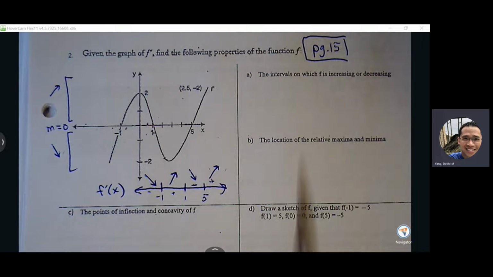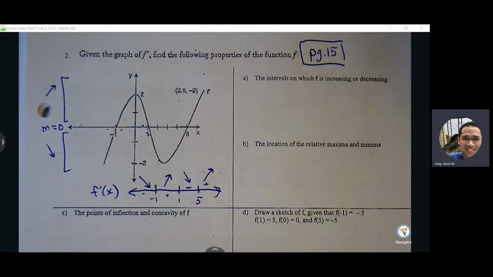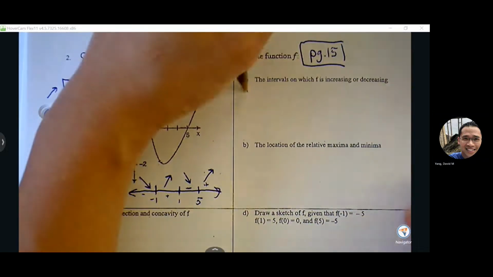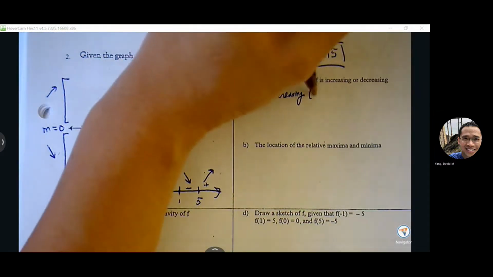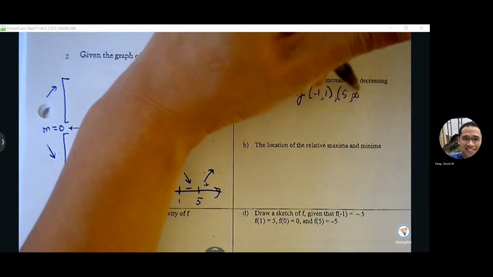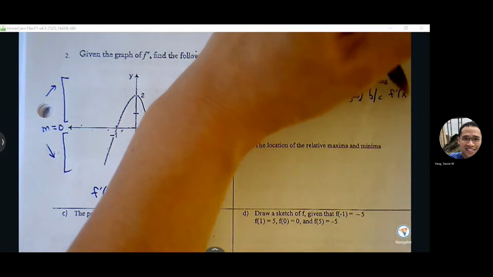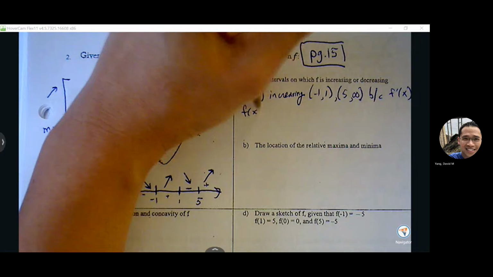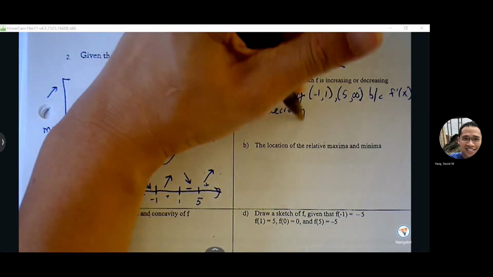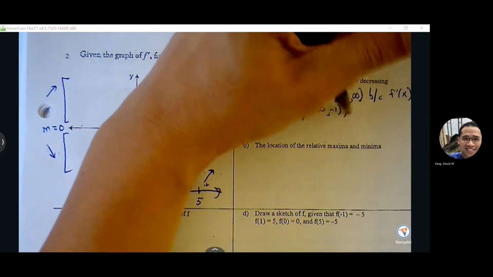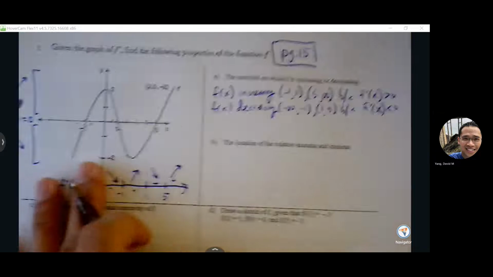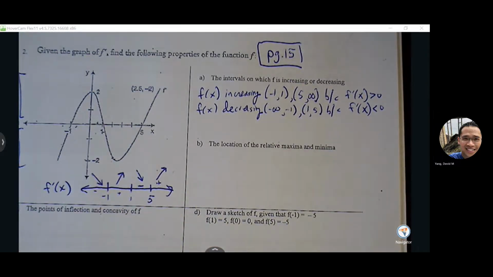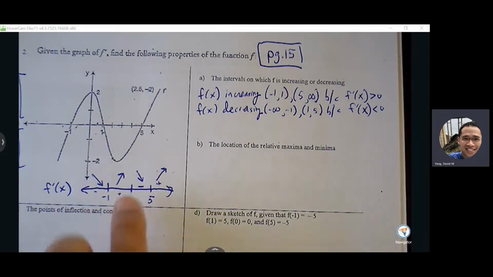Intervals of increase, decrease, relative max, relative min, we can just pull this directly from our slope sign line and write out our because statements. Relative minimum at -1 and 5, relative max at 1.